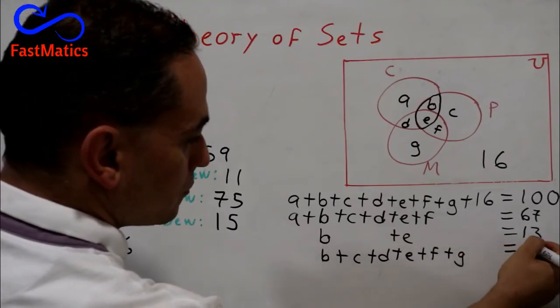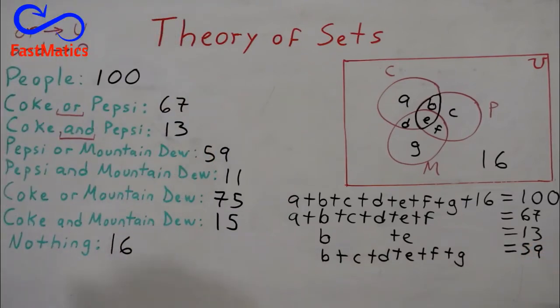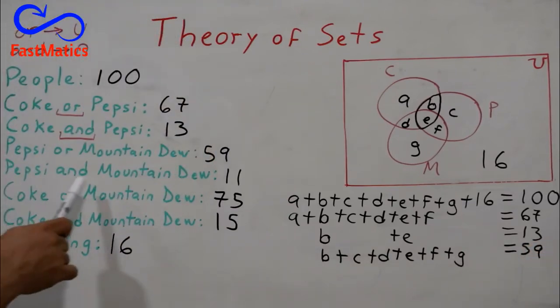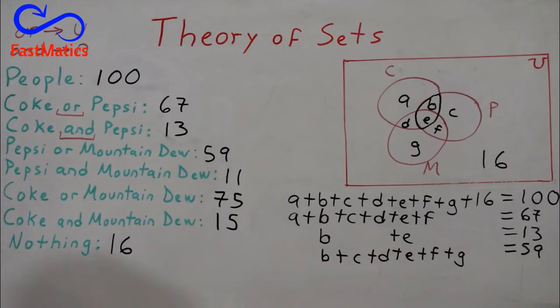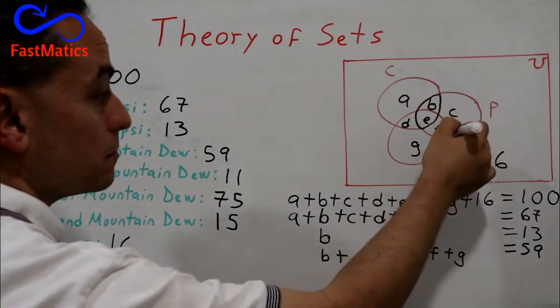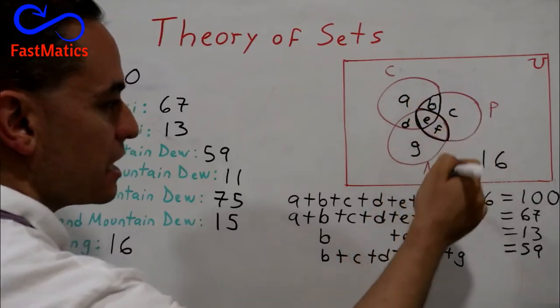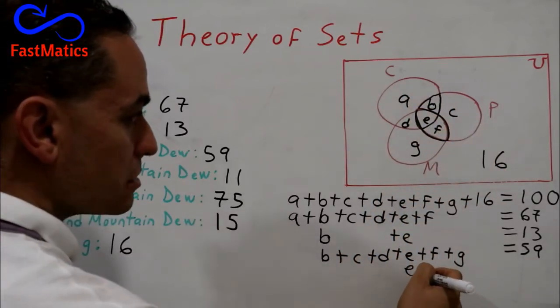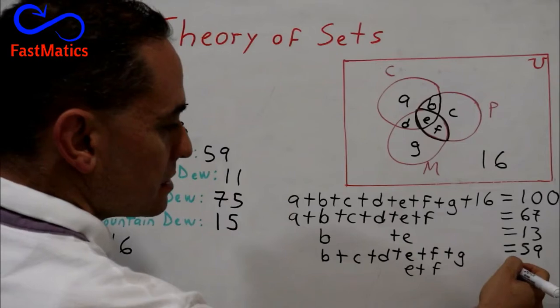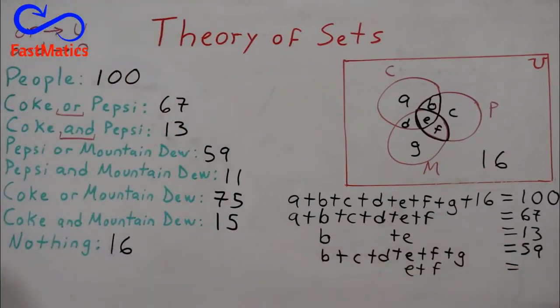After that, Pepsi and Mountain Dew, the intersection between the two sets, E plus F is equal to 11.